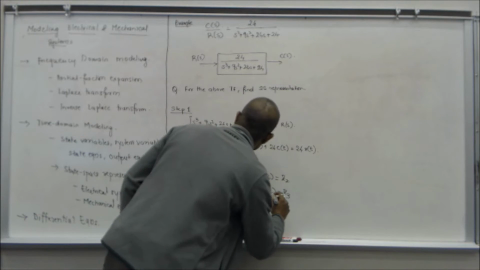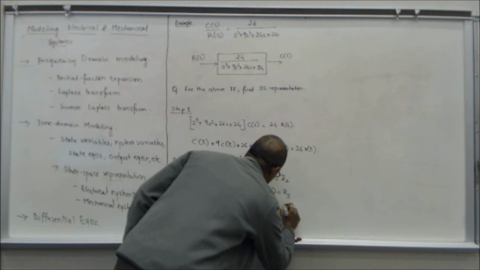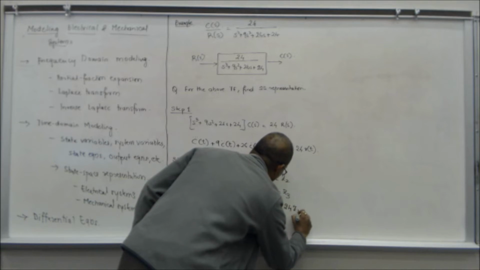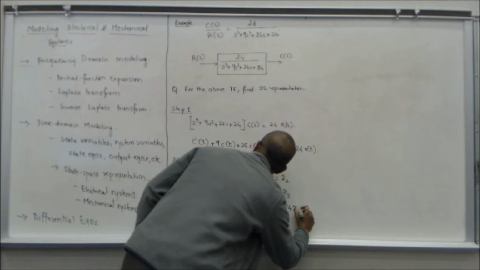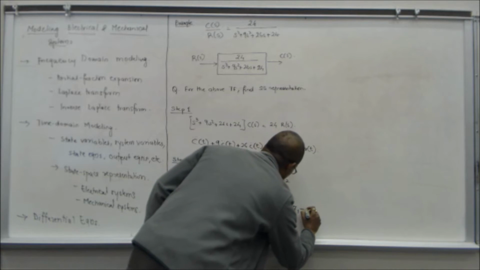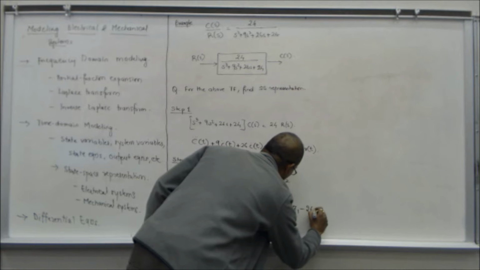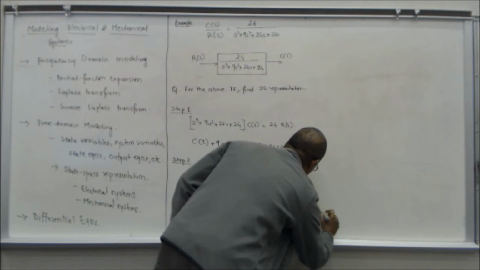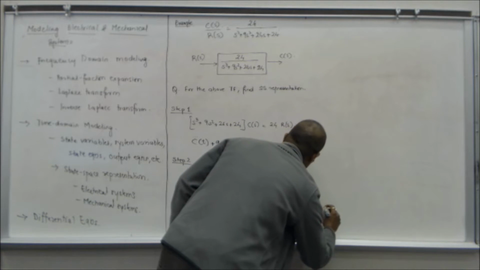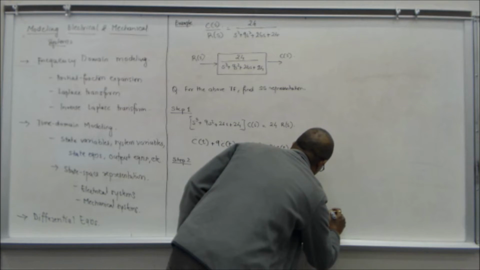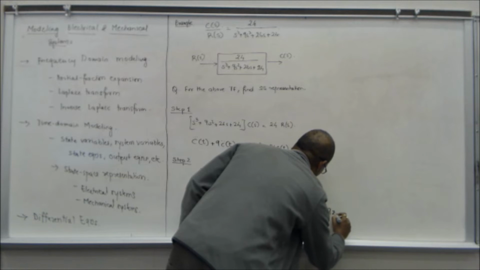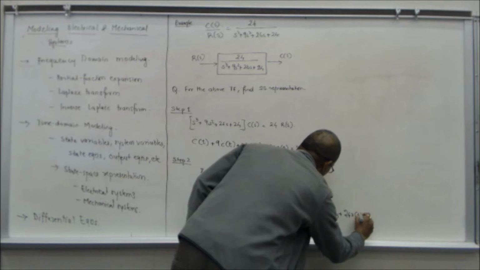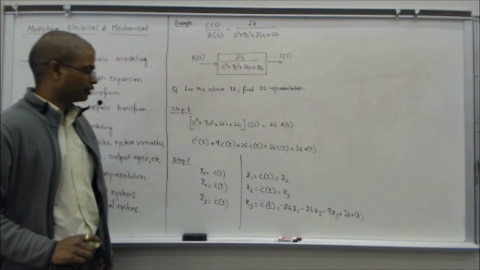It is minus 24 Z1 minus 26 Z2 minus 9 Z3 plus 24 R of t. Okay.